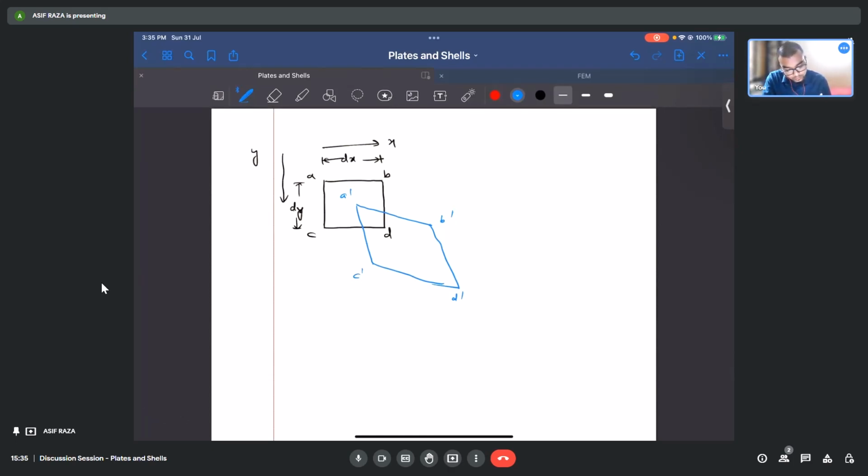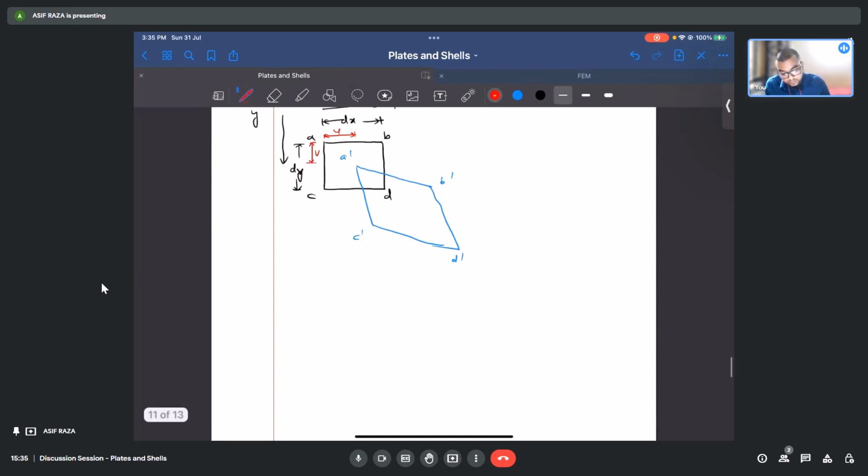From A to A dash, the displacement along the x direction is u, while the displacement of A to A dash in the y direction is v. We want to find the displaced value of B to B dash in x and y, and similarly for C and D.